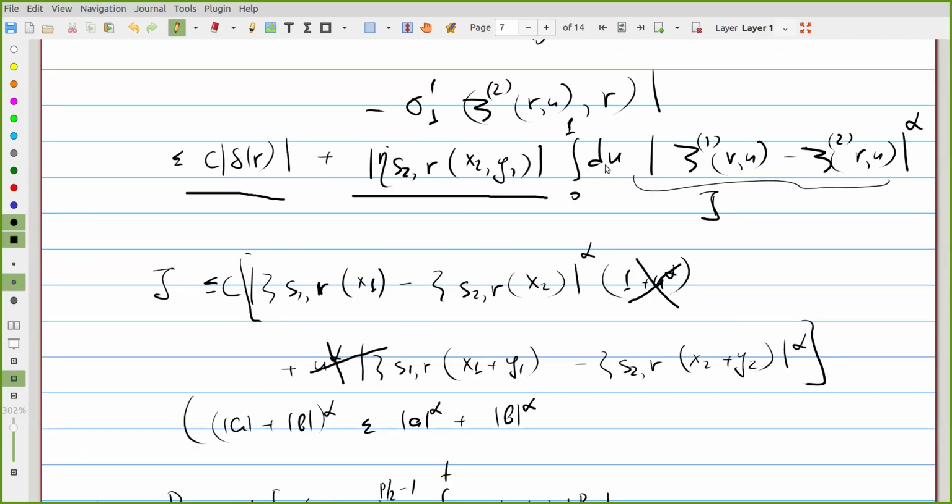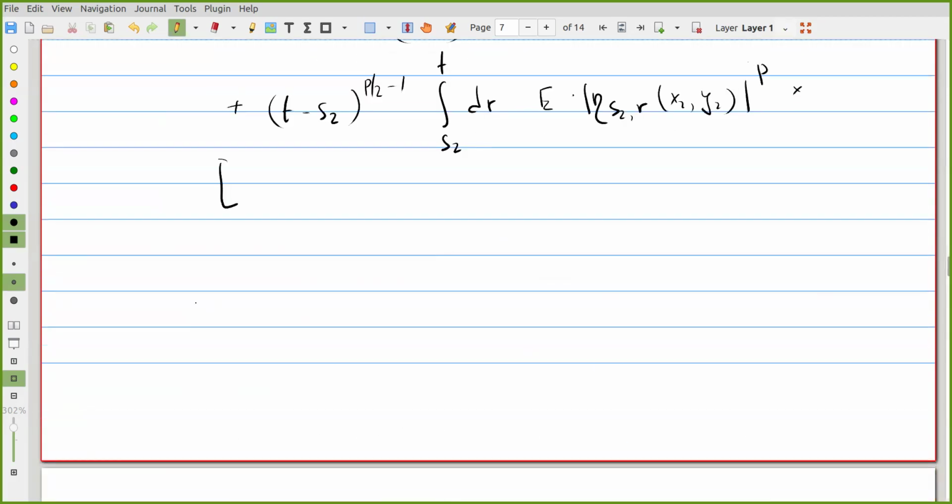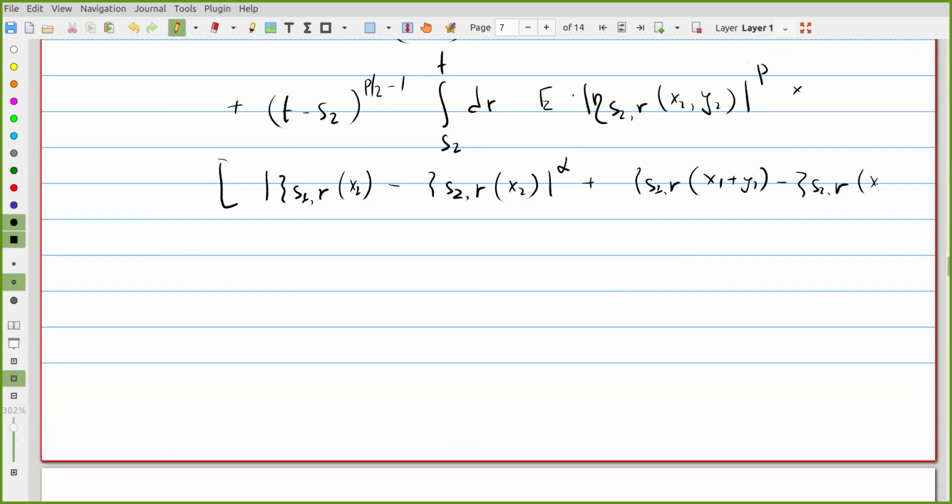We integrate over u to get rid of these expressions, and we are still left with this. So here stands psi s1r x1 minus psi s2r x2 to the power alpha, plus the same for these two, to the power alpha and to the power p.